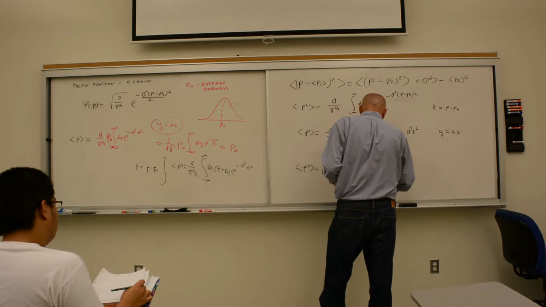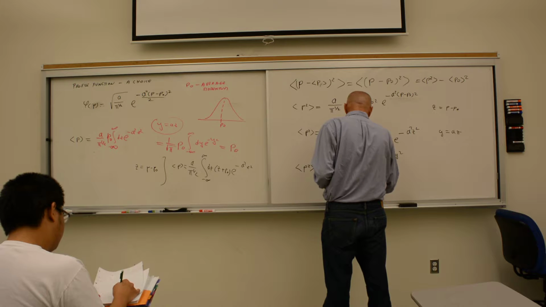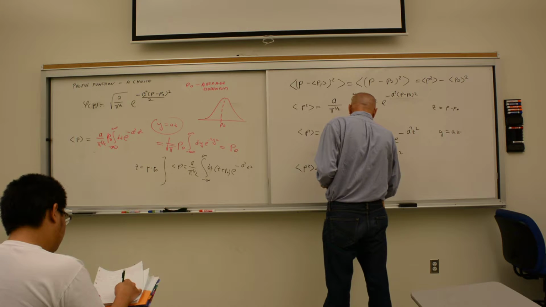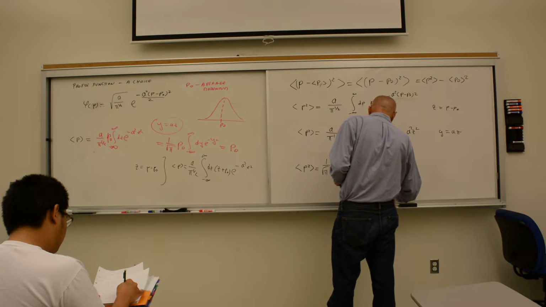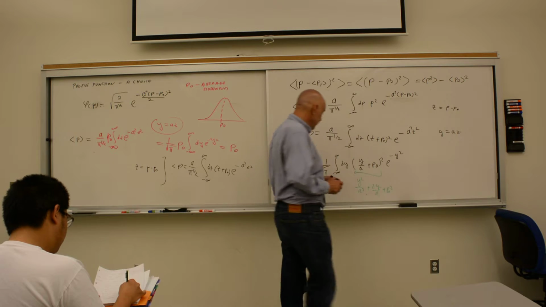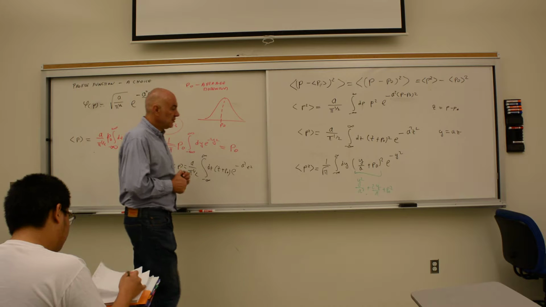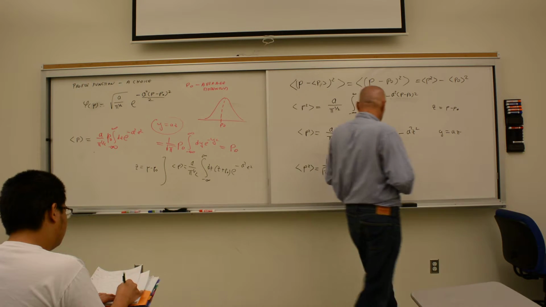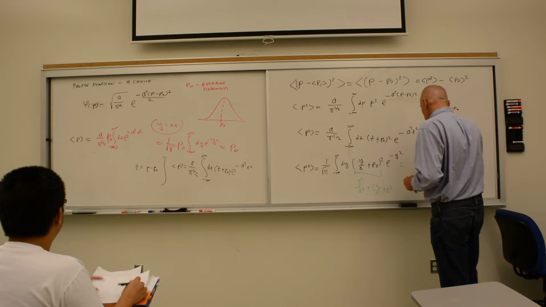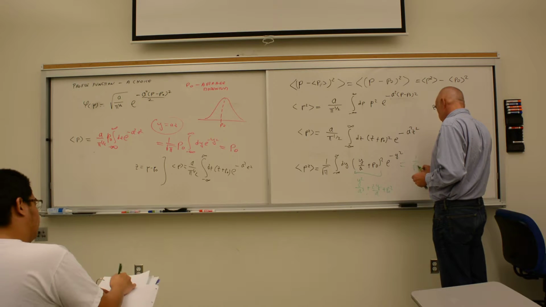Then doing this, this would become y squared over a squared plus 2y over a plus p0 squared. So this becomes 1 over square root of pi.